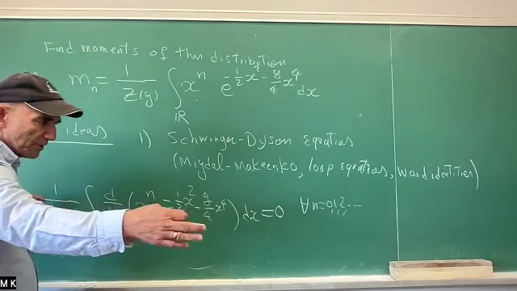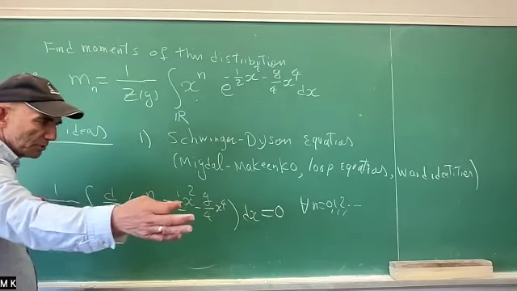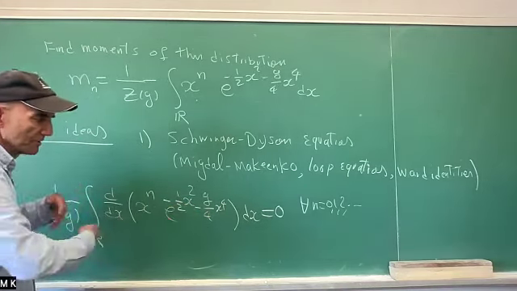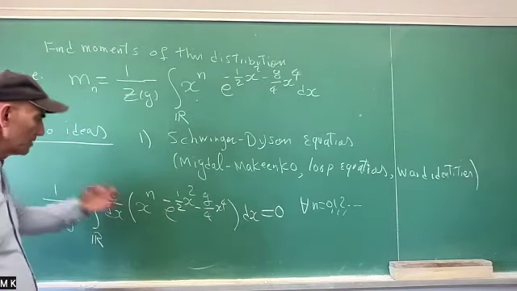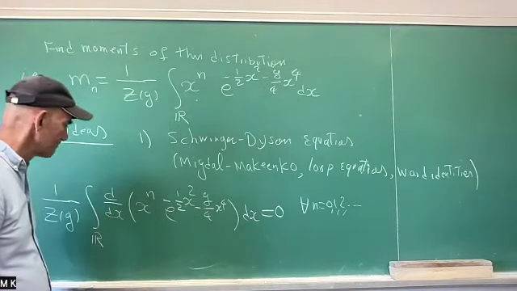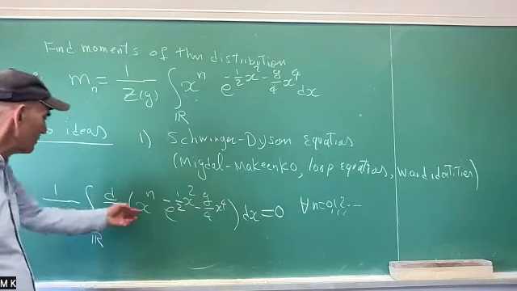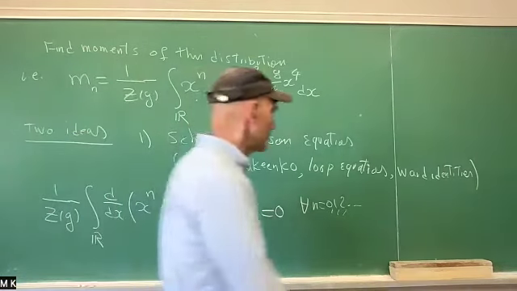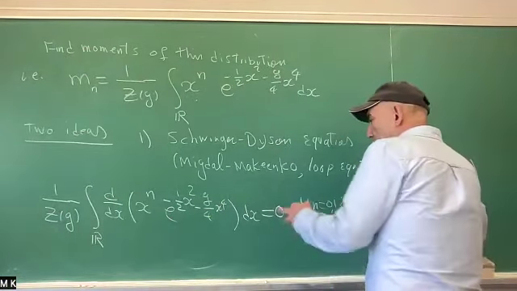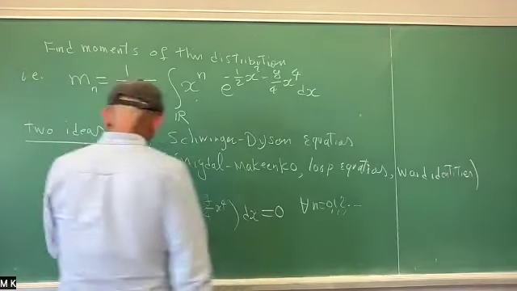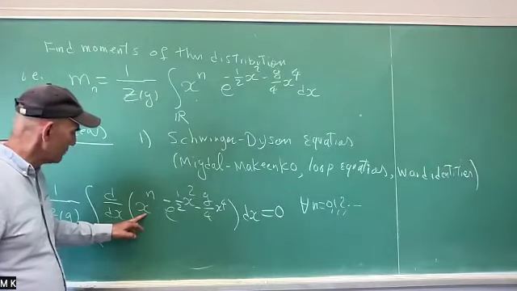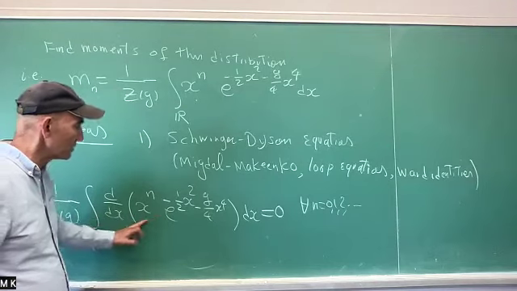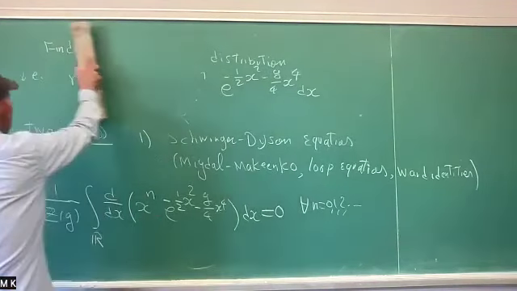But those approach 0, so the difference is going to be 0. So this is 0 no matter what. Okay, but now let's see what we get if we differentiate. We just use the Leibniz rule, differentiating this times that and so on. So let's see what we get.